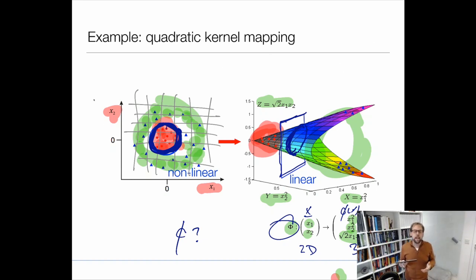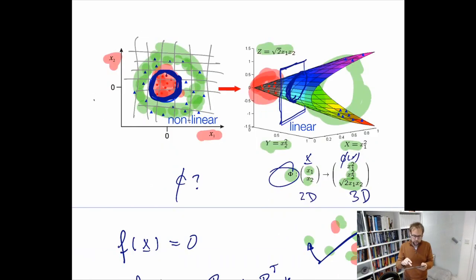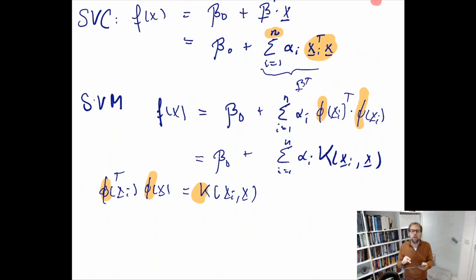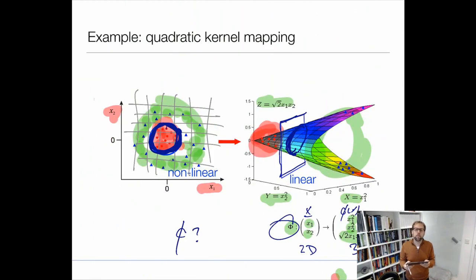The answer is that we do not find these phis explicitly, but rather we work with these kernels k, and we use the mathematical fact that for each phi there exists a kernel which matches it, and you can even work out which kernel corresponds to this phi, which we will talk about in a little bit.